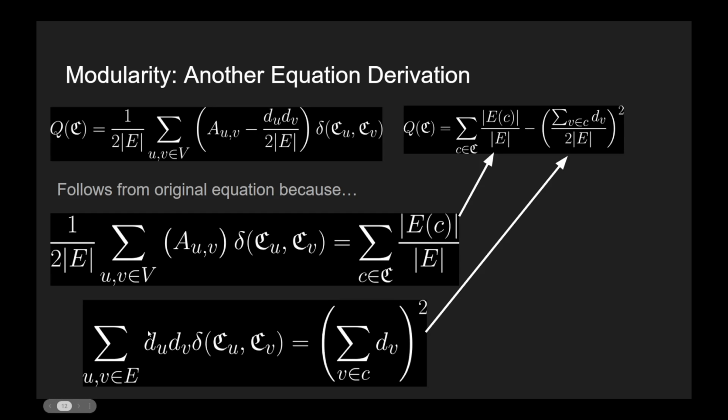Now if you factor this out, you end up getting the sum of the degrees squared, which is exactly this here. And then again, if you maintain this normalization term, that's where the 2e comes from in the denominator of the other equation.